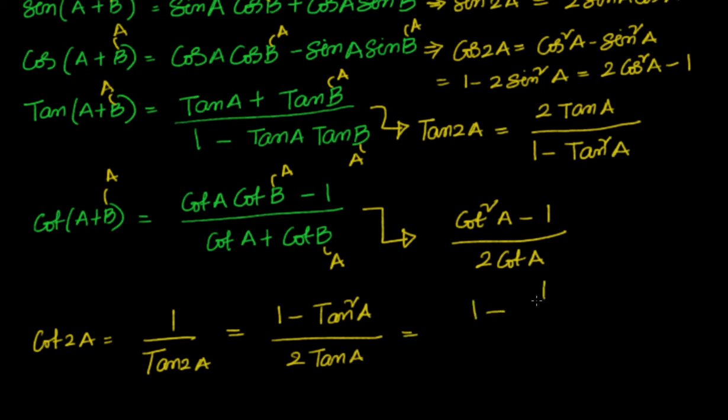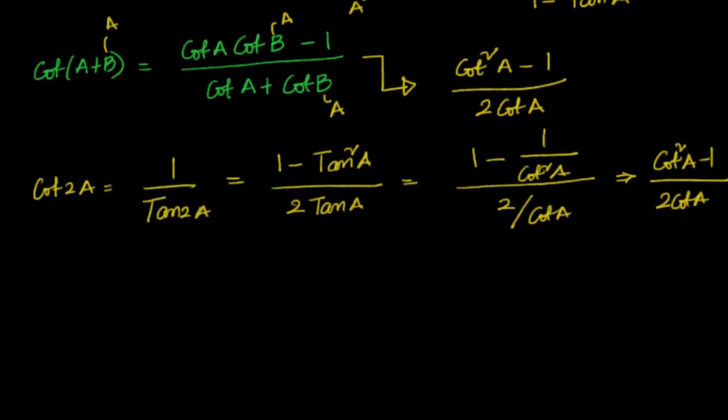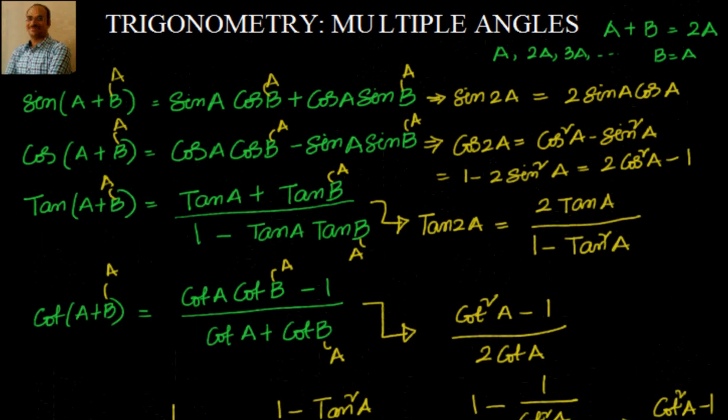So I'll make it as 1 minus 1 by cot square A by 2 by cot A. If I simplify that, this is nothing but equal to cot square A minus 1 by 2 cot A. Have you got it? So cot A times, you will get cot square A minus 1 by 2 cot A. Okay, that's how we can find out multiple angles.